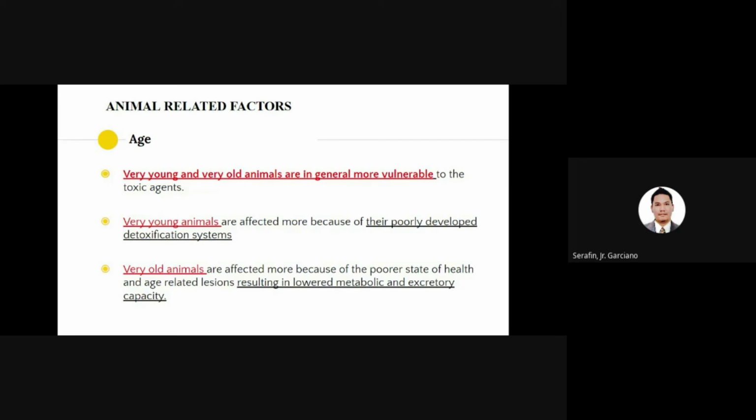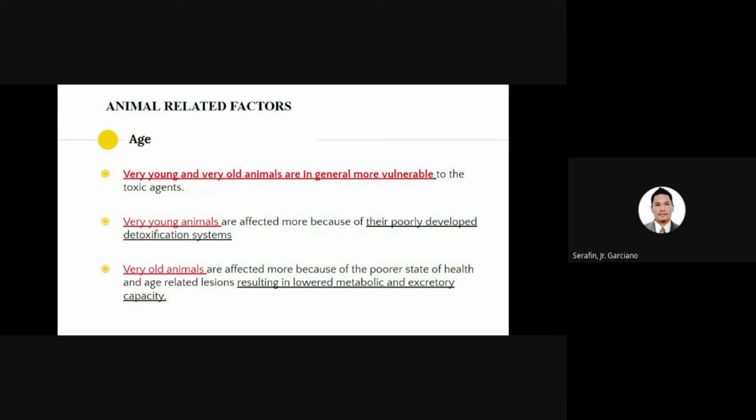They are not yet developed, especially the liver or detoxification systems. While for the very old animals, they are most affected because of the poorer state of health because of age-related lesions or age-related problems.